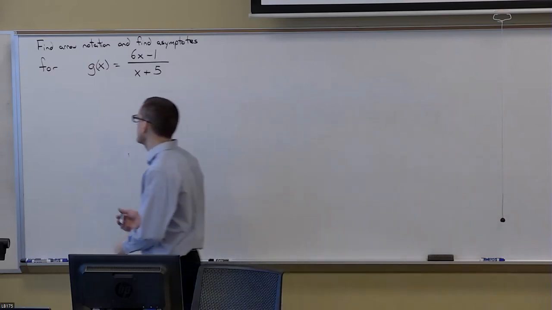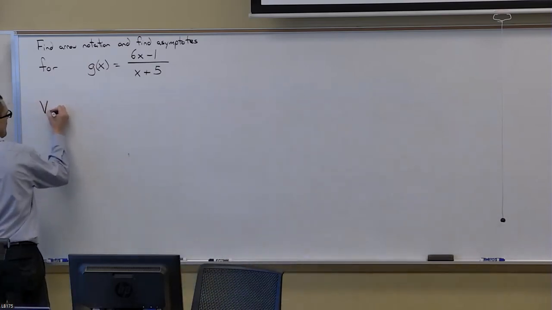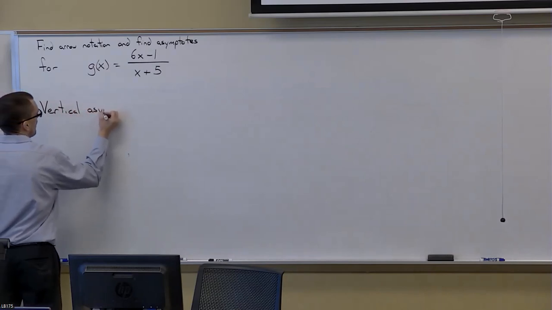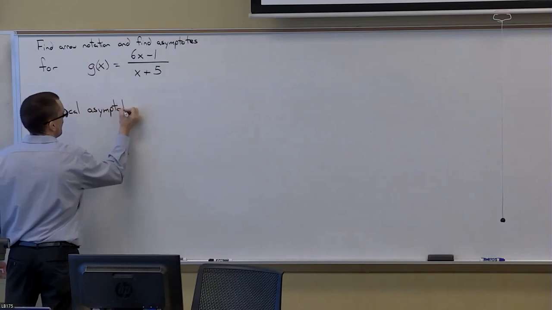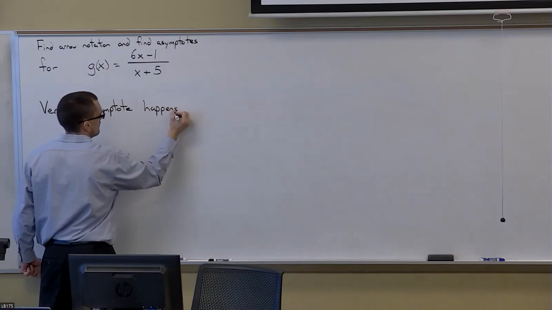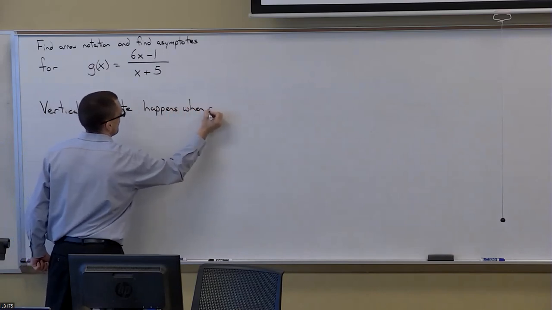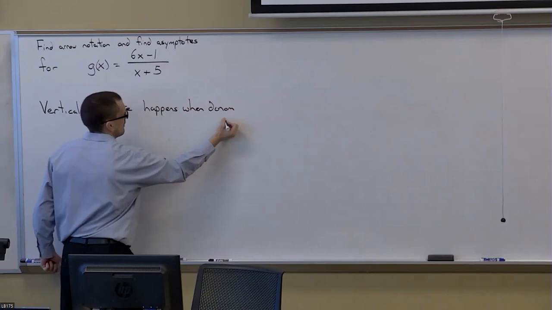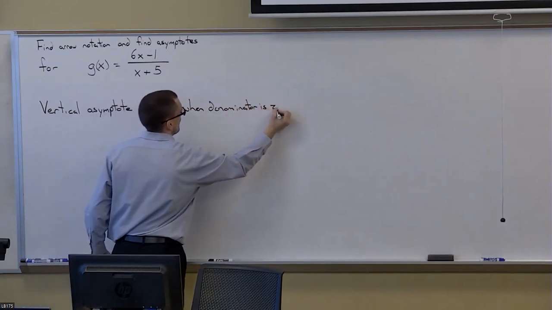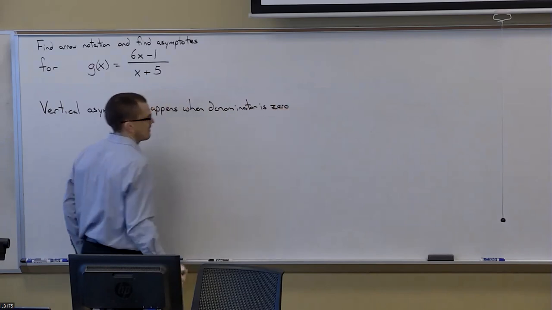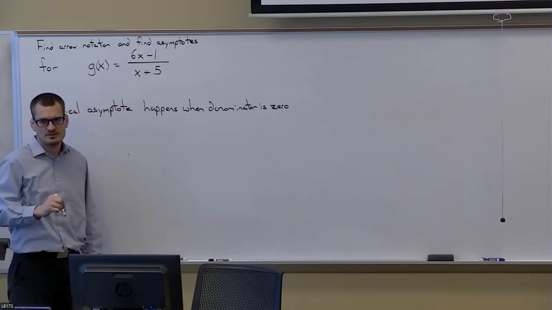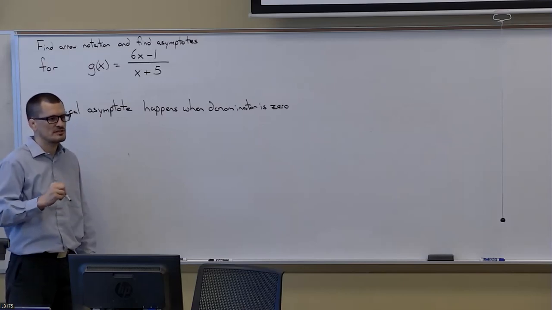Vertical asymptote happens when the denominator is 0. By the way, on this function, it happens when the denominator is 0. I will make a little asterisk on that.